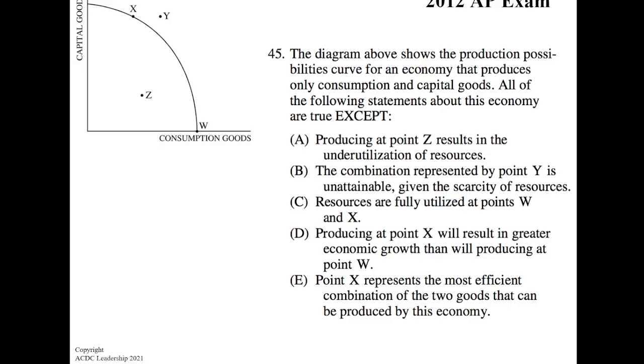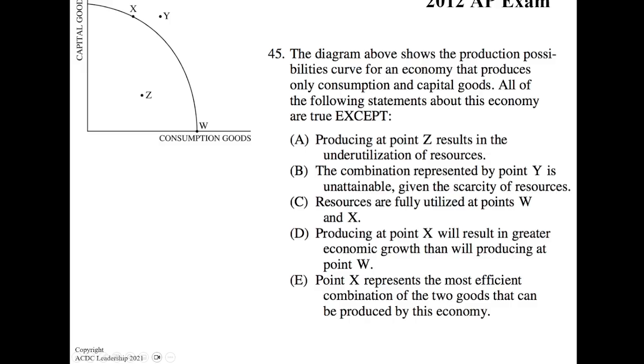W is on the line, but if we look at the point, they're not producing any capital goods, meaning they're not producing any robots, they're not making any investment, versus X, where they're sacrificing producing more pizza in order to make more investments, make more robots. In this case you want a balance of both. You can't just be producing only robots, because then it's the same thing as if you produce only consumption goods. So being on either of these extremes represents inefficiency. You want a mix of both.